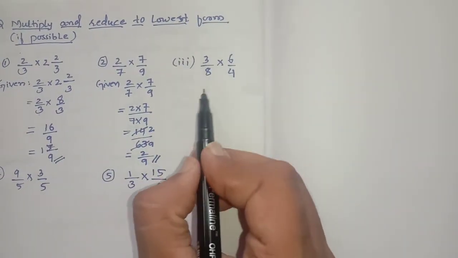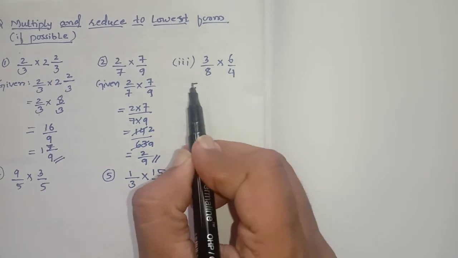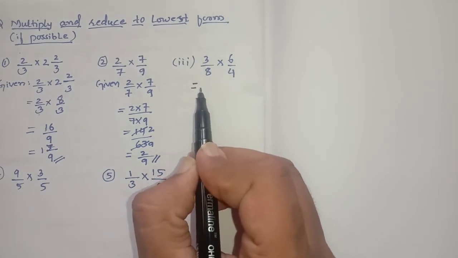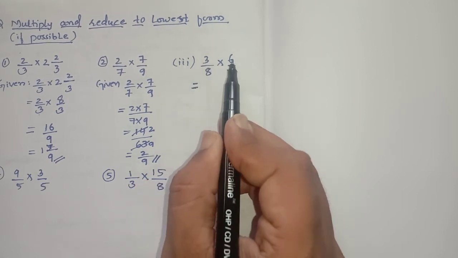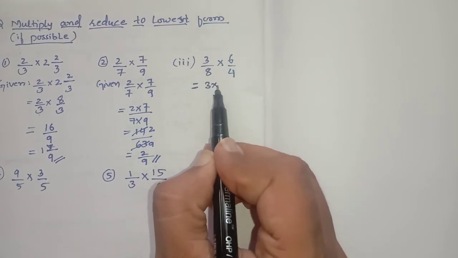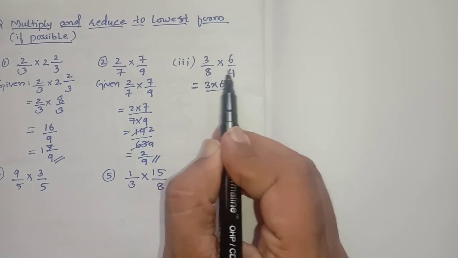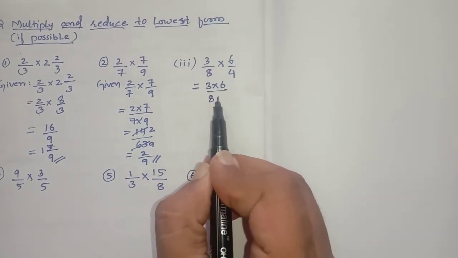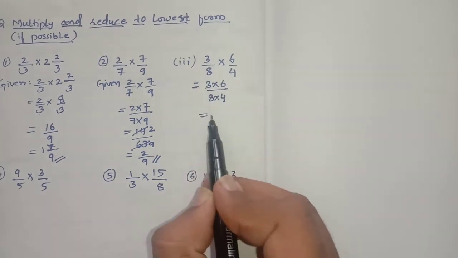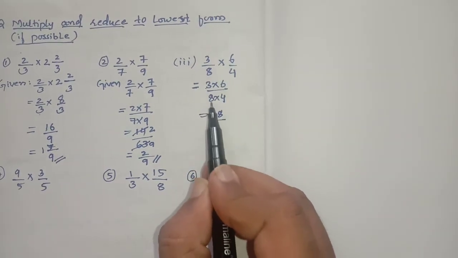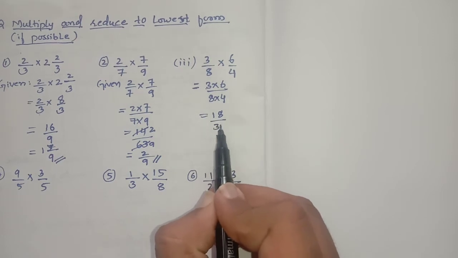Now next question, student. I am not writing given, but I want you to write it. I am solving directly. Numerator into numerator, 3 into 6. Denominator into denominator, 8 into 4. 3 6s are 18 divided by 8 4s are 32.